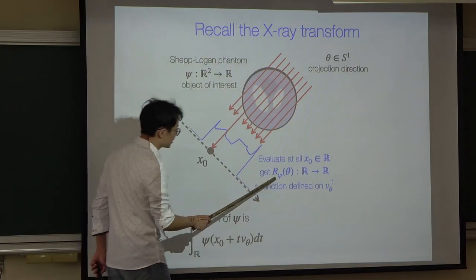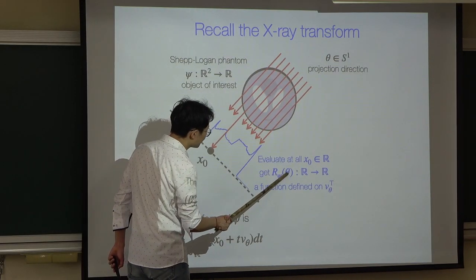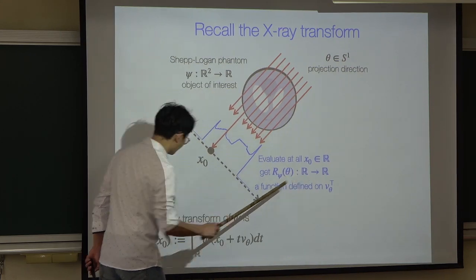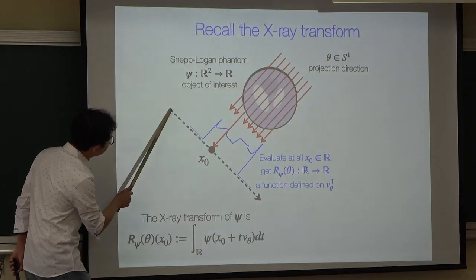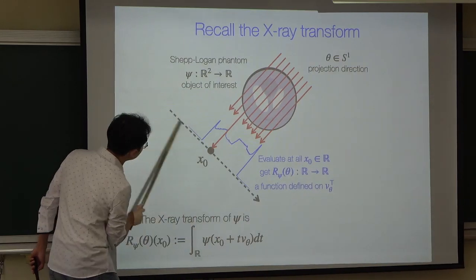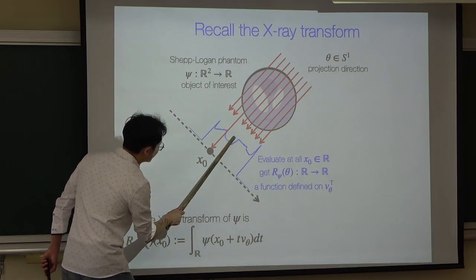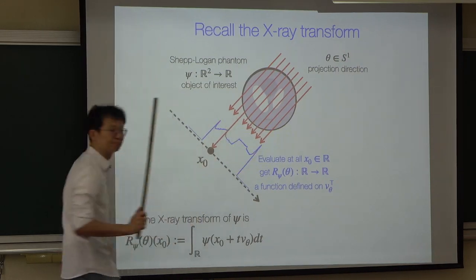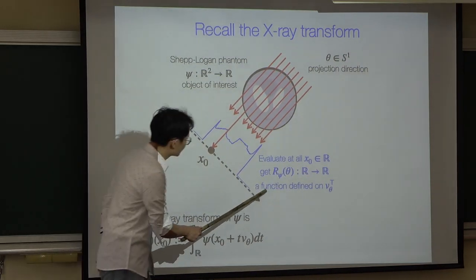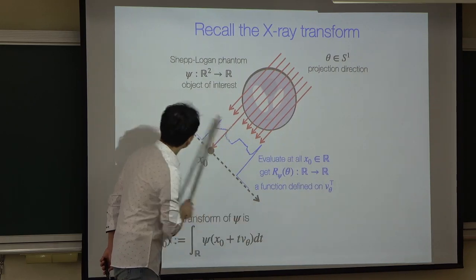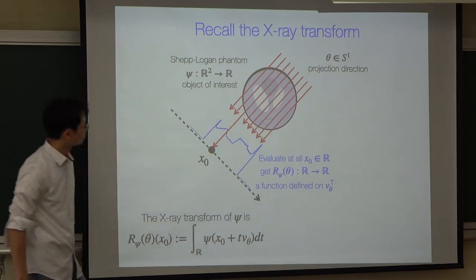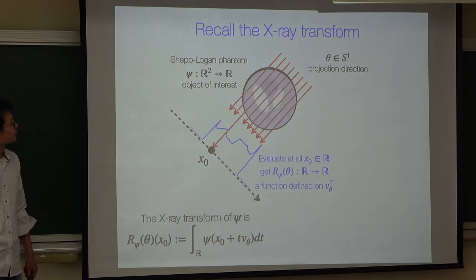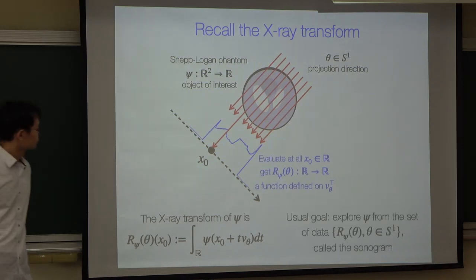So you get R psi theta, which projects from every point over R, and you get one value. This is the function you get after projection, defined on a particular line. That is our X-ray transform.